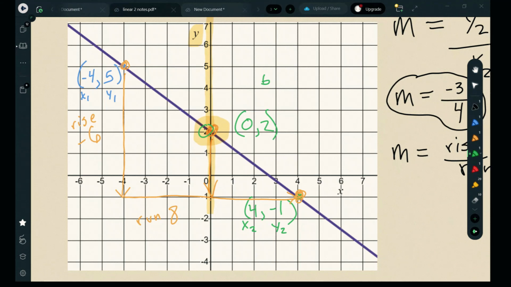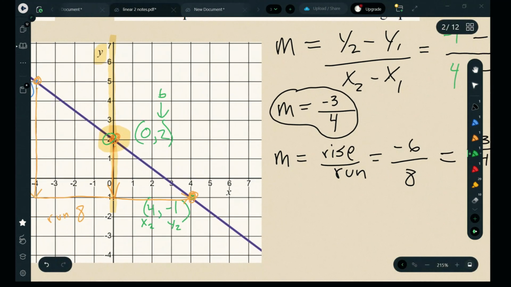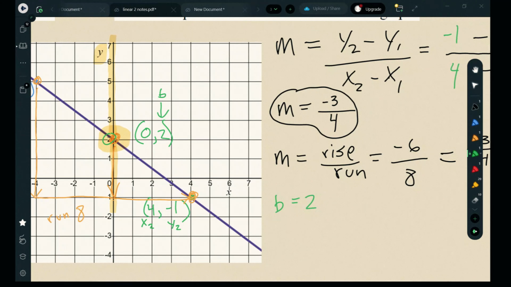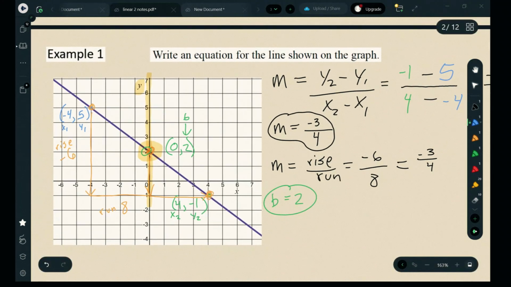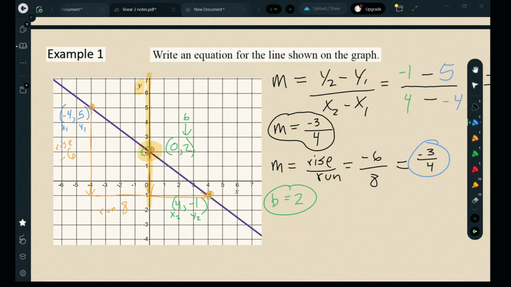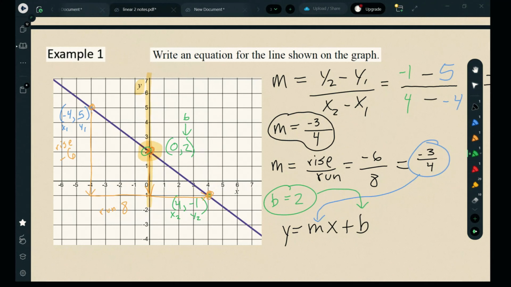So that number 2 is our b, so we could do this here. If I write that over here, b equals 2. So now we have a y-intercept, and we already calculated our slope. So I can write the equation of the line y equals mx plus b, and you're going to plug the slope in for m, plug the y-intercept in for b.